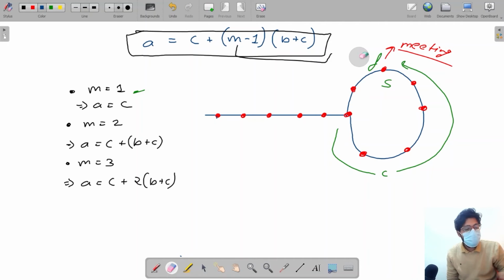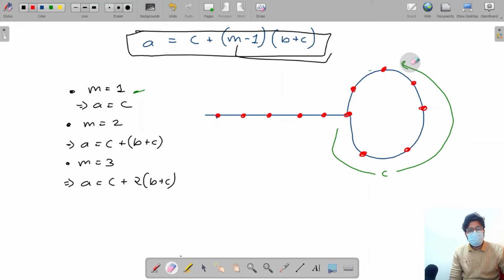Now we will discuss the second case, which is M is equal to 2. For that, we will make it a little lengthy. And first let's erase something. So this is not fast now, and this is also not our meeting point. Okay, so remove it. Let's take this as the meeting point. And this is C. C is this till here.